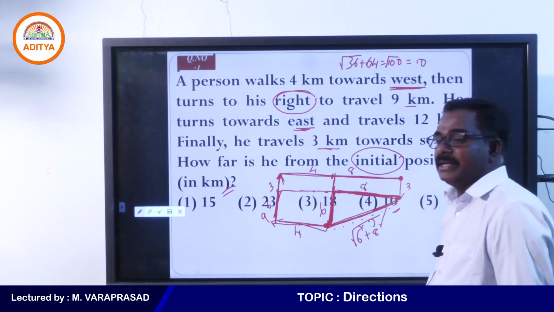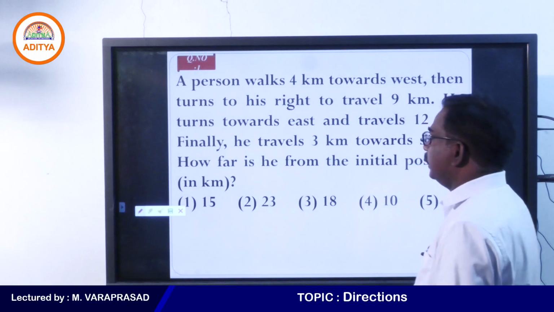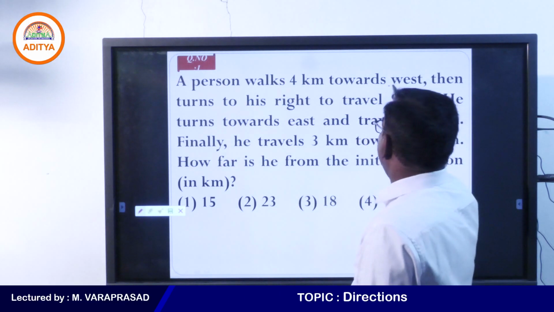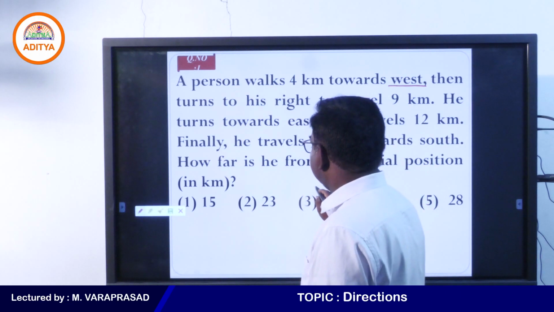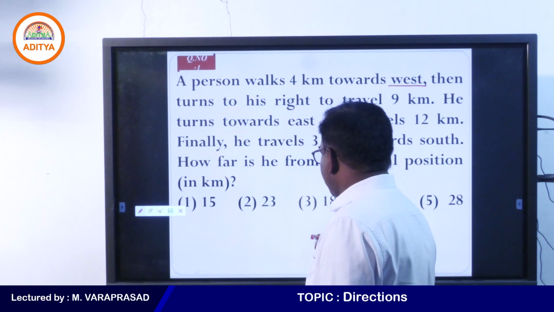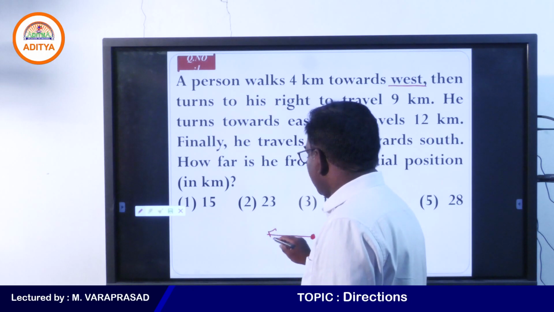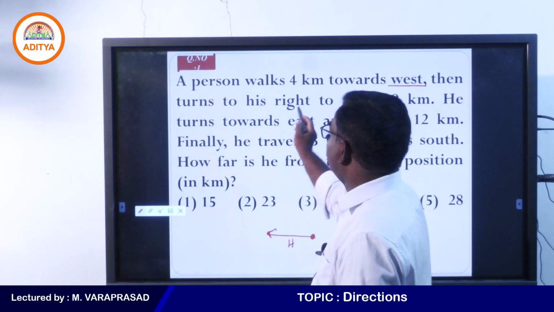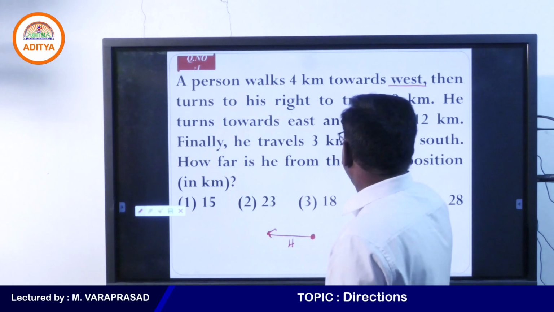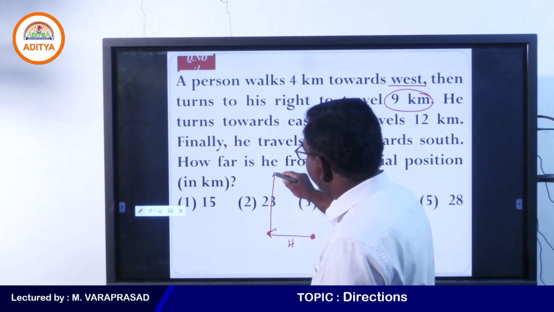Who wrote the answer 10? Once again I will explain. A person travelled towards west. Suppose you take this point as the initial point, he travels 4 kilometers to west. After that, he turns to his right, meaning clockwise direction, and travels 9 kilometers.